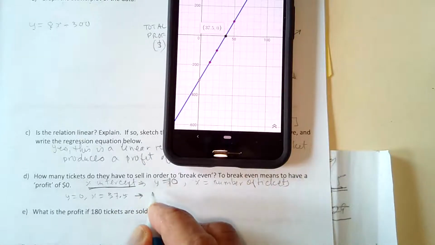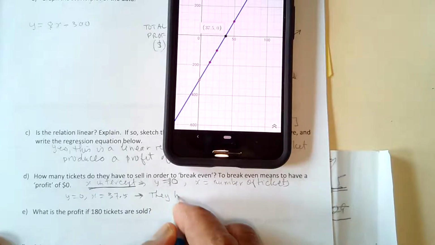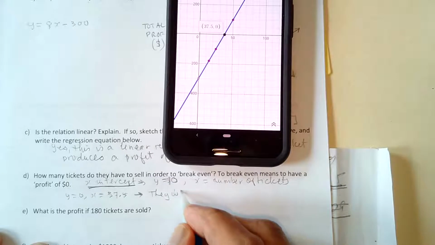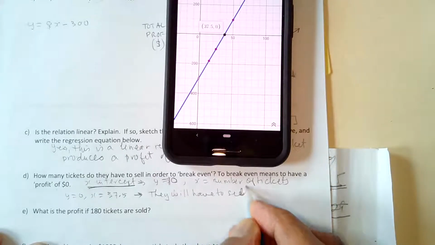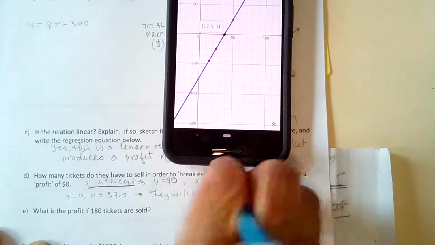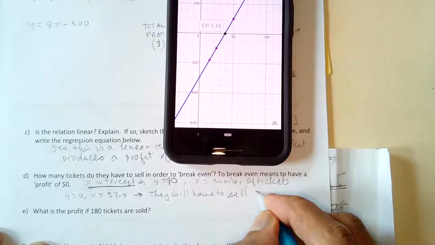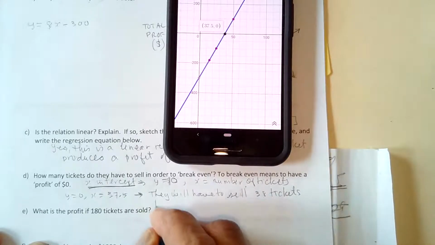So it means they will have to sell 38 tickets at least to break even.